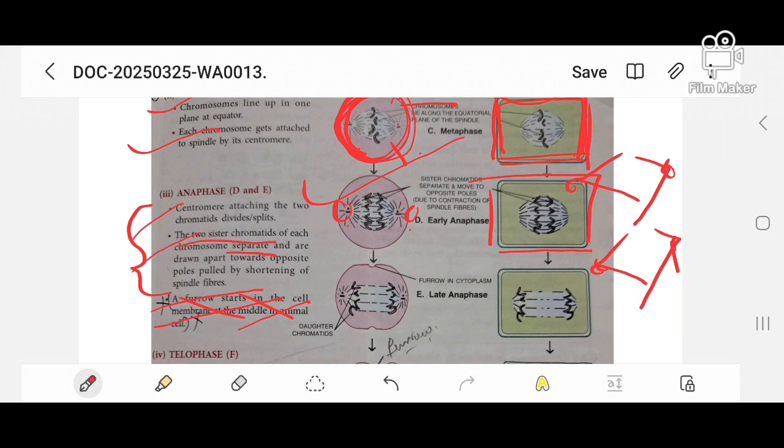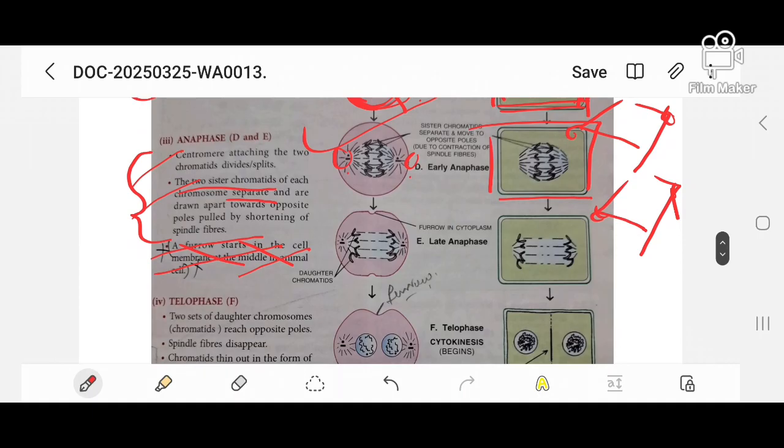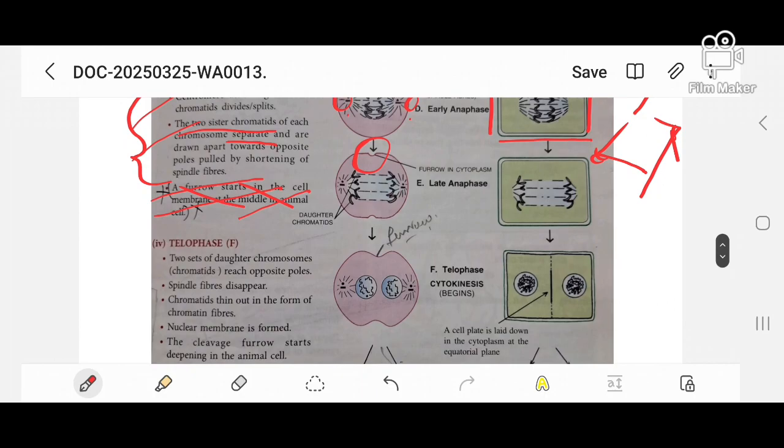Now, in late anaphase, students are confused over here. In late anaphase, there is a little bit of furrow. If this diagram comes, you have to see the difference. In telophase, there is a deep furrow or deep gap, but here only a little.